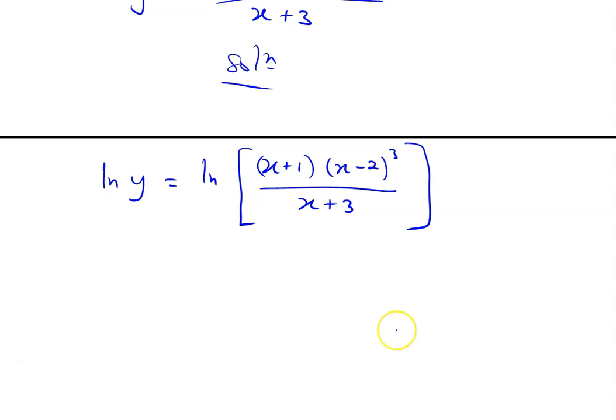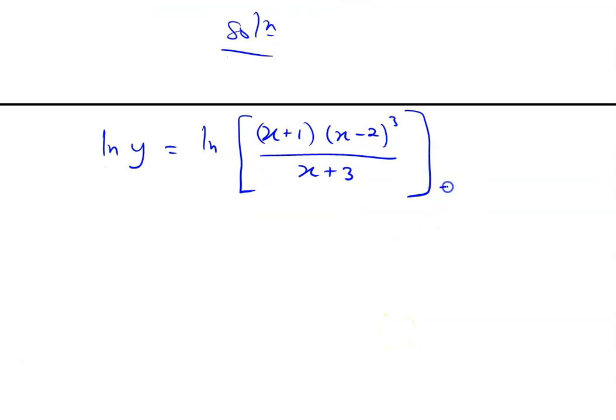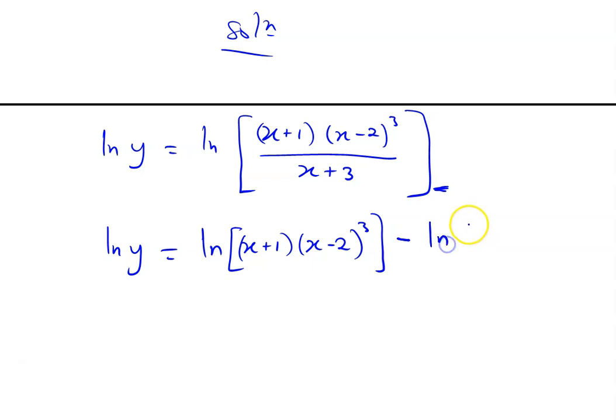So we can split what is at the left hand side into its simplest form. So we have ln y equal to ln of (x plus 1)(x minus 2) cubed minus ln of x plus 3. Are you okay?